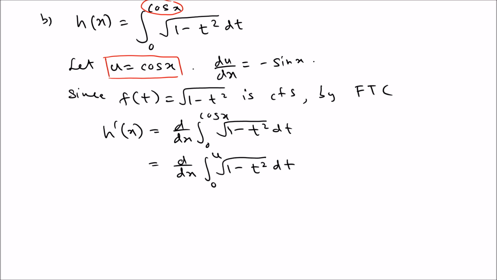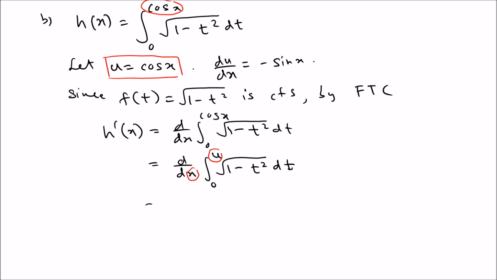Now you can see that the integral is a function of u, but you are trying to take the derivative with respect to x. That's the problem. So that's when you use the chain rule. You can introduce the u variable into the derivative.